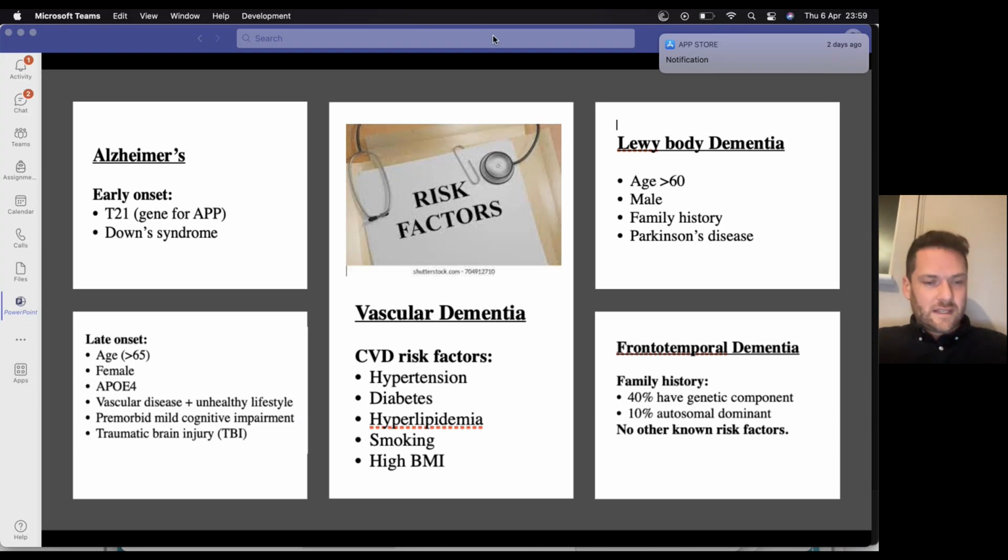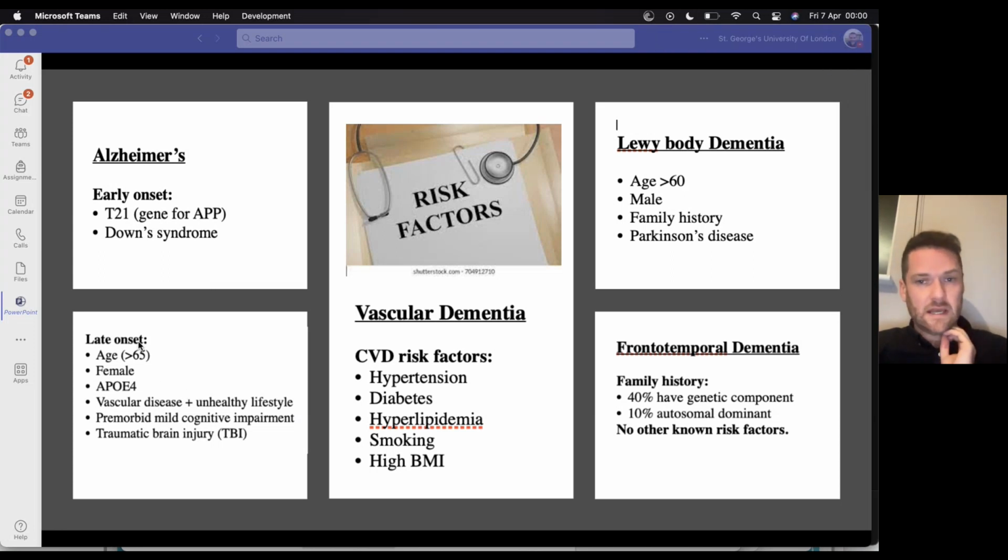In terms of early onset dementia, I believe the gene that causes this early onset is actually on the 21st pair of chromosomes. So if you have a trisomy 21, so Down syndrome, you're pretty much guaranteed to get earlier onset Alzheimer's. So early onset Alzheimer's is a big link with Down syndrome.